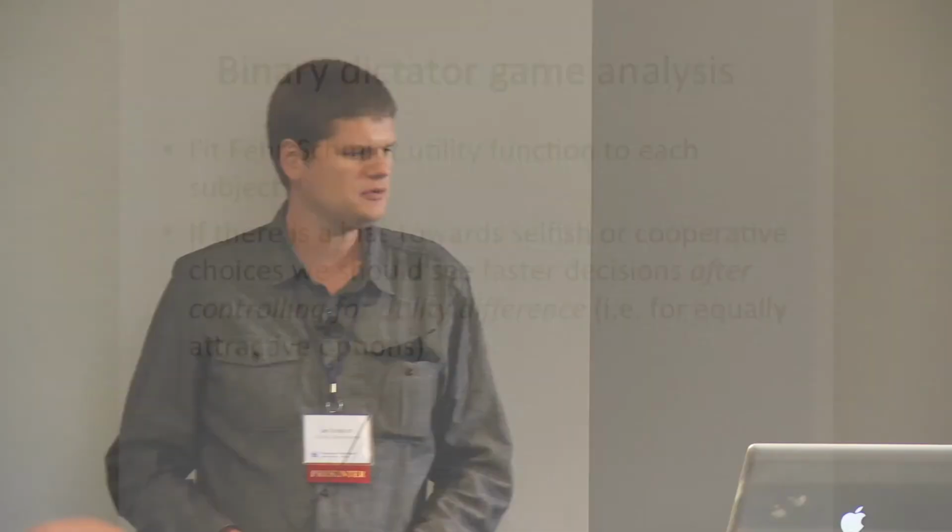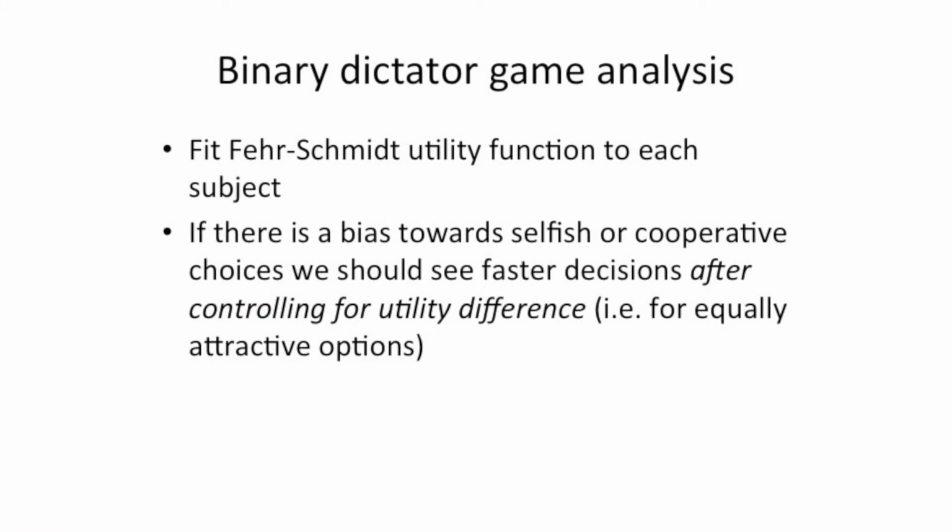Okay. So what we can do is try to account for this by fitting Fehr-Schmidt utility functions to each subject, and then asking: if there's a bias towards selfish or cooperative choices, we should see faster decisions after controlling for the utility difference. If we look at equally attractive selfish and pro-social choices, and there's indeed an intuitive preference for one, we should see an RT difference.